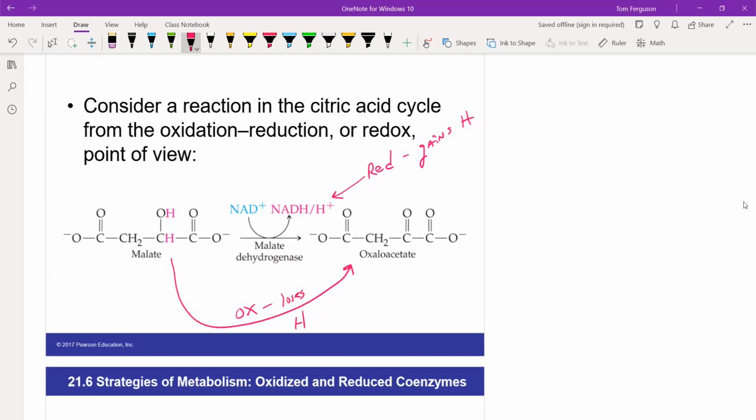So the hydrogens that are lost are these guys here. So that secondary alcohol is converted to a carbonyl group, or a ketone.